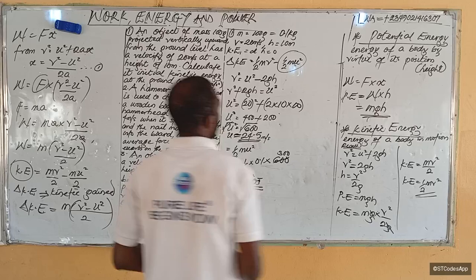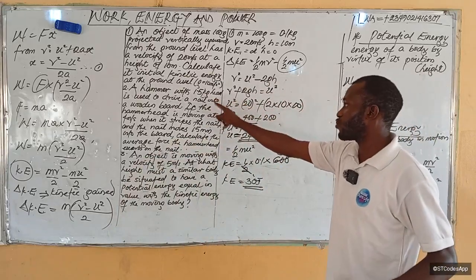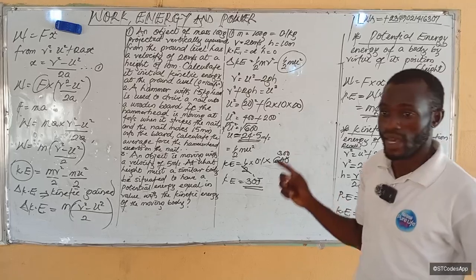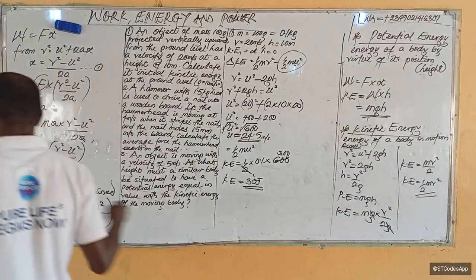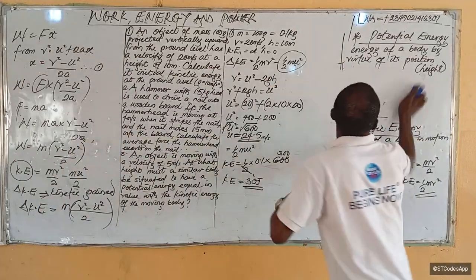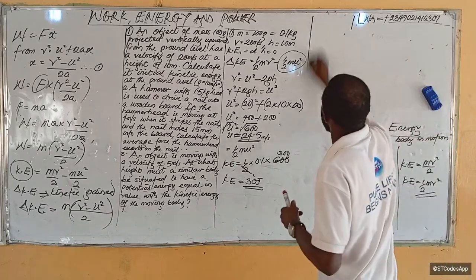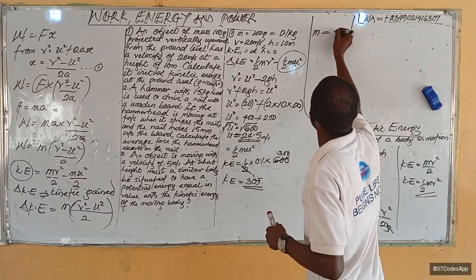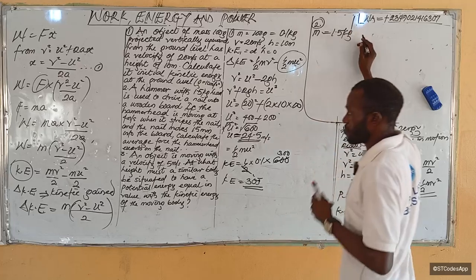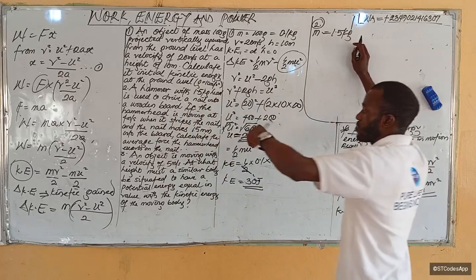Then the next question says that a hammer with a 1.5 kg head, so the mass of the hammer is 1.5 kg, is used to drive a nail into a wooden board.